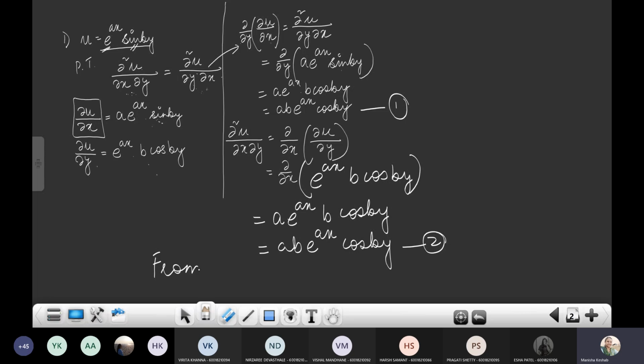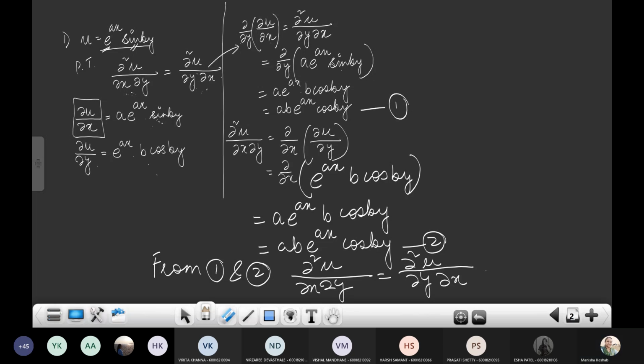So from 1 and 2, we can say del square u del x del y is equal to del square u del y del x. I hope this is clear.